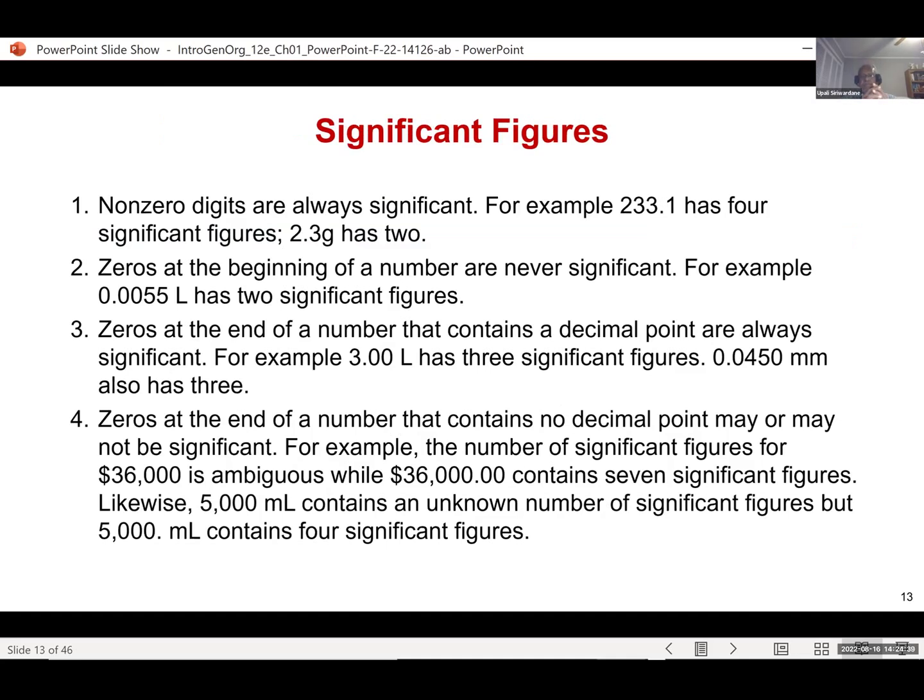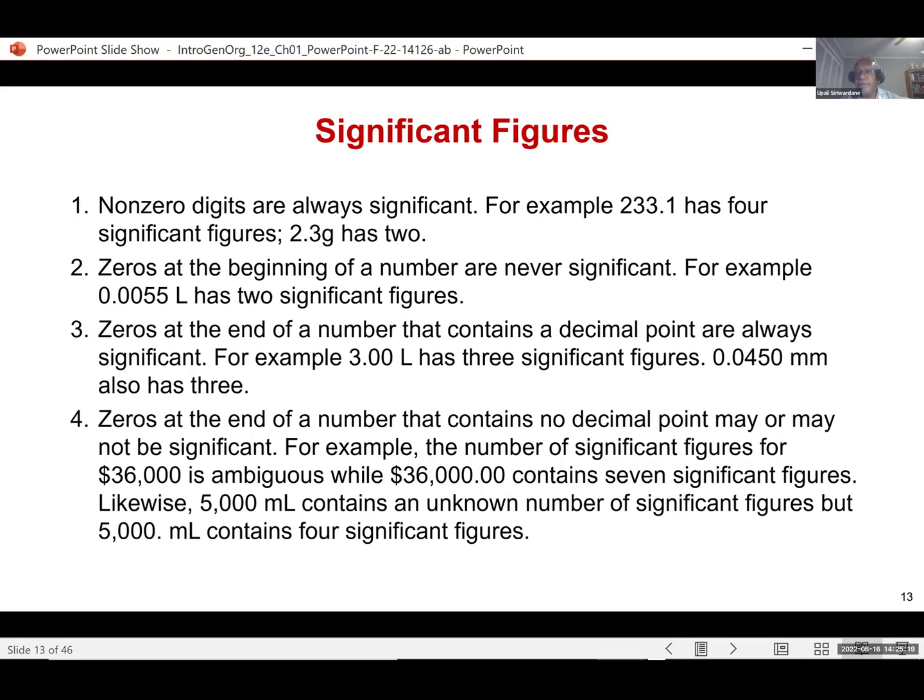Now we're going to go back to the number part in the measurement. We're going to look into significant figures in the measurement. For example, if you have a measurement 233.1, how many significant digits are there? How do you get that? An example of a measurement is 233.1.